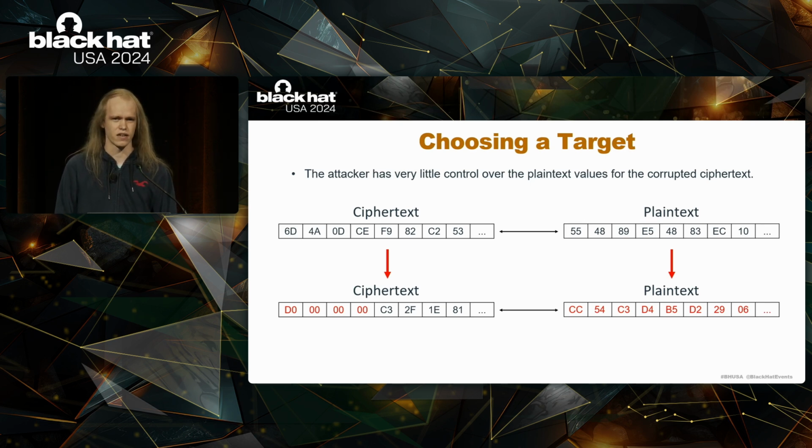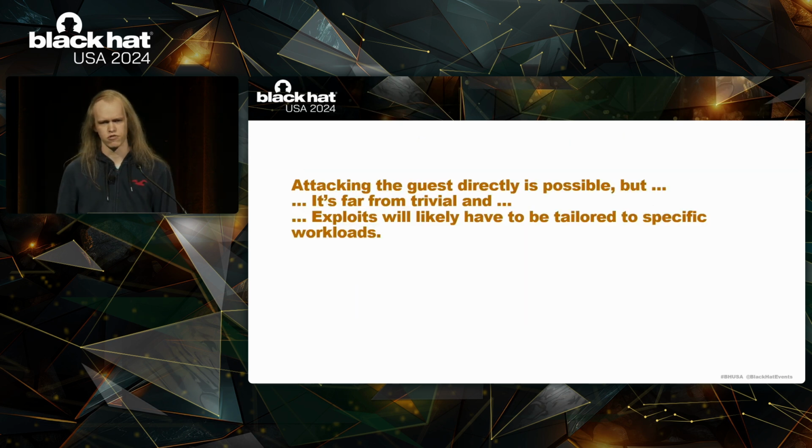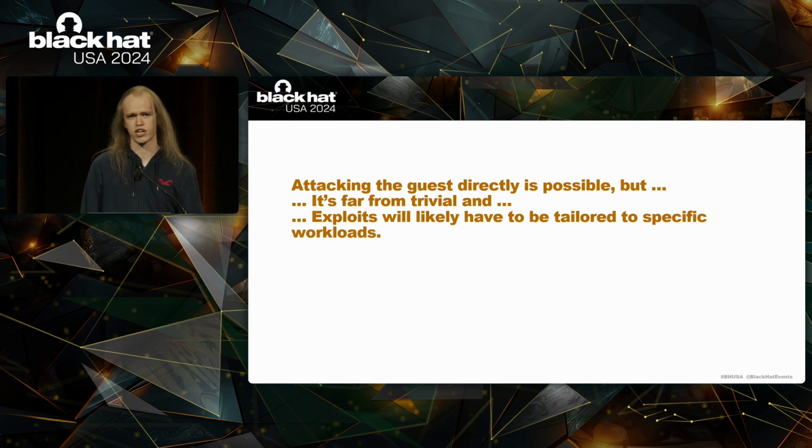This once again makes targeted attacks really difficult and definitely not easy to pull off. So this all leads me to conclude that attacking a guest directly by attacking its memory is probably possible. However, it's not easy, and exploits will also likely have to be tailored to specific workloads. If you want to attack Windows, you have to use different strategies compared to when you want to attack Linux, and so on and so forth.